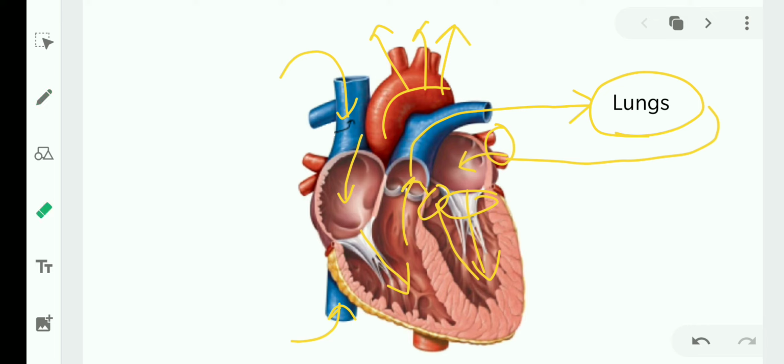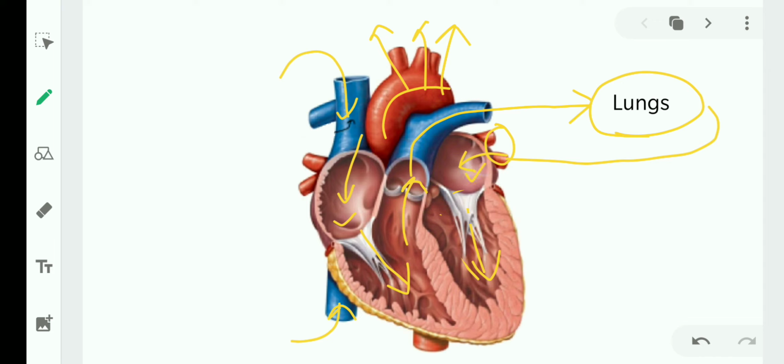So when we said the left auricle contracts, right auricle contracts, left ventricle contracts, both the auricles contract simultaneously, means when the right auricle contracts, at the same time the left auricle also contracts.